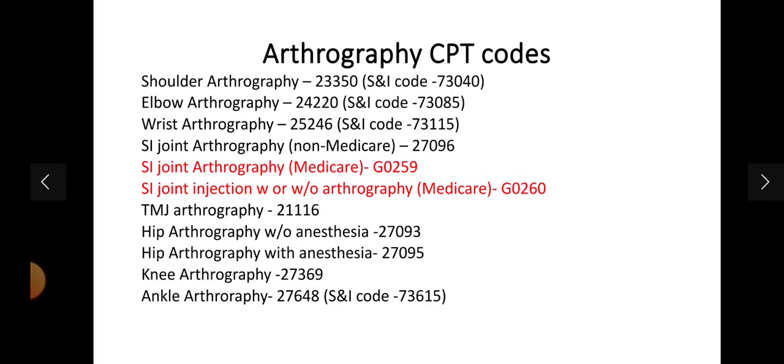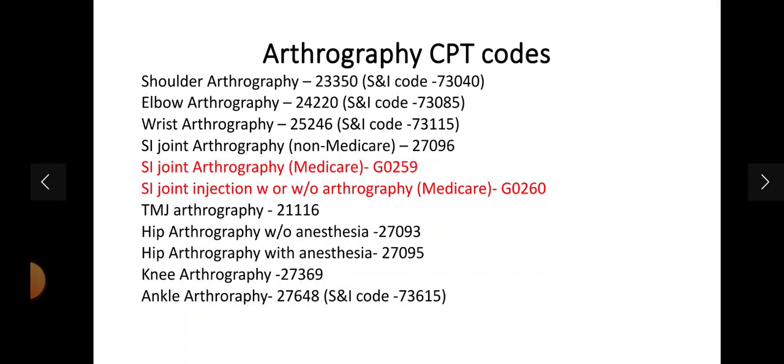So these are the arthrography codes for each joint. For shoulder 23350, and there is a supporting code 73040 for SNI, supervision and interpretation. We will see why we use SNI codes here. Elbow arthrography we have 24220, again SNI code 73085. For wrist arthrography 25246, SNI code, supervision and interpretation, 73115.